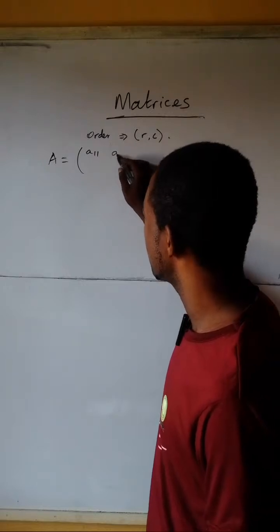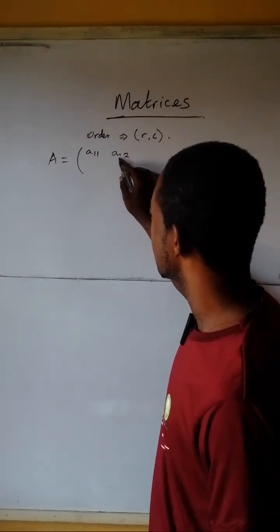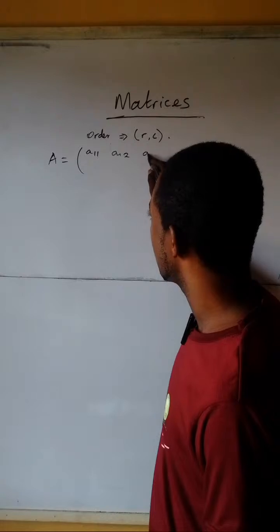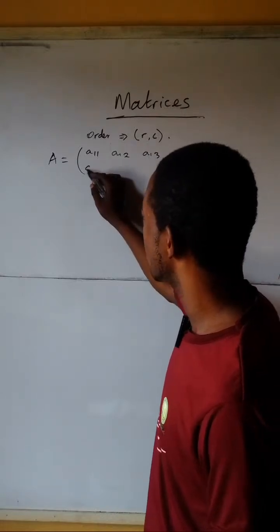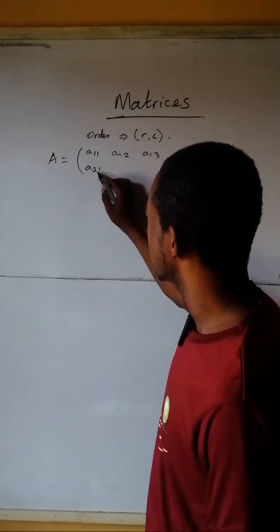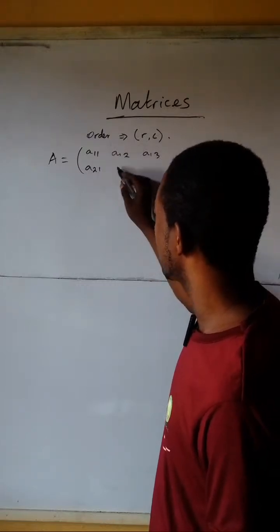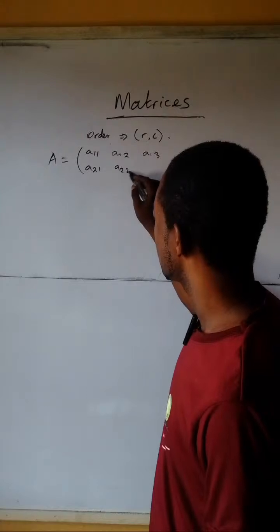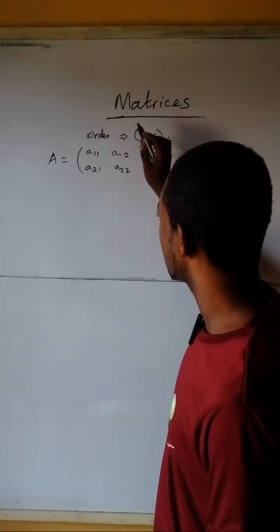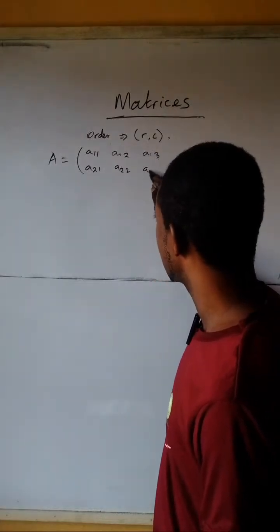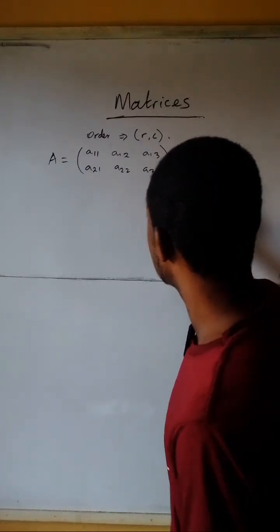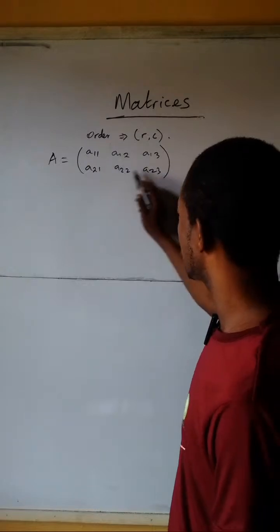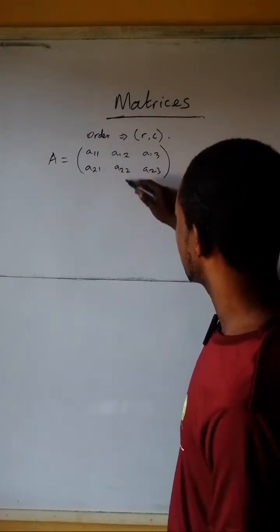Then we have A12, element in row 1, column 2, A13, element in row 1, column 3, and here we have A21, element in row 2, column 1, A22, element in row 2, column 2, then A23, element in row 2, column 3. So now here we have 2 rows and 3 columns.